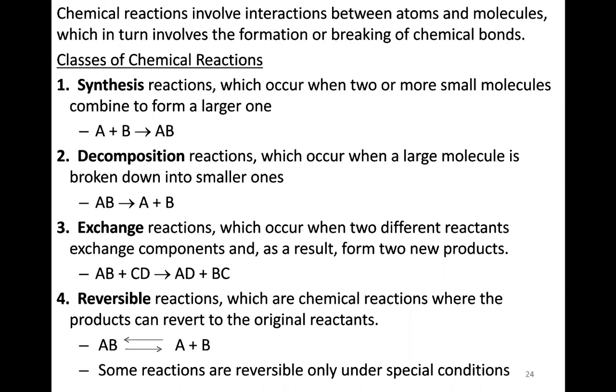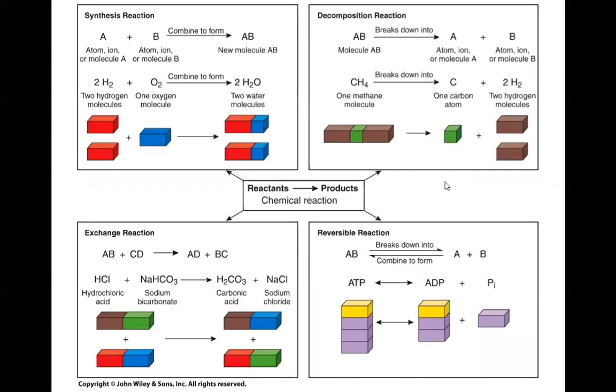In turn, involves forming and breaking bonds. First 2 are directly the opposite of one another, and we've already talked about these. Synthesis is where we go from 2 or more small molecules to form a larger one, like A and B individually, small, but together as AB are big. Decomposition is the direct opposite of that, when a large molecule is broken down into a simpler one.